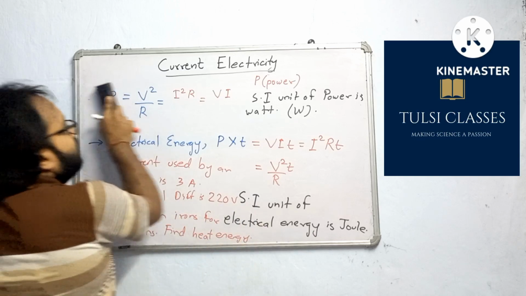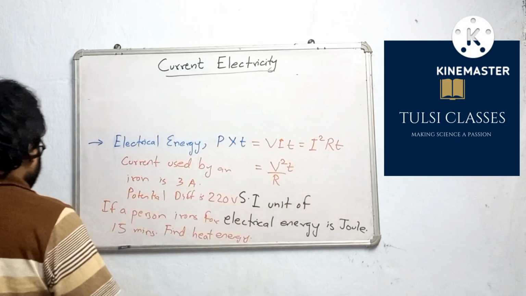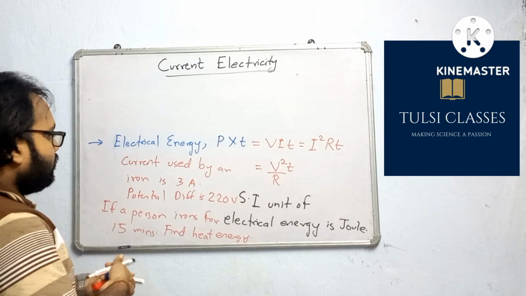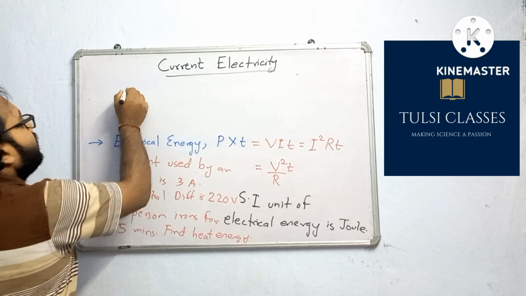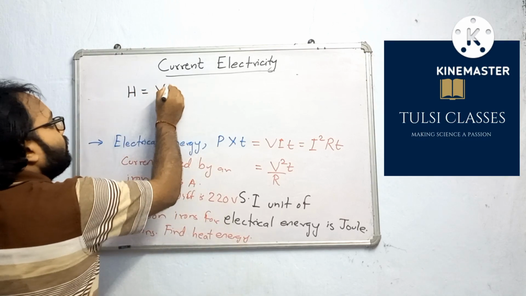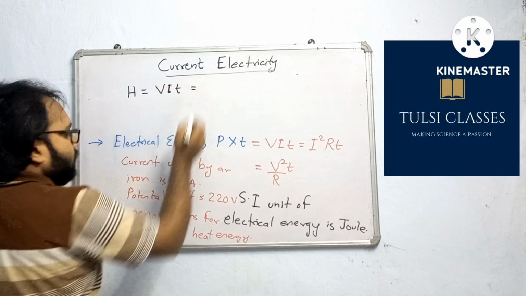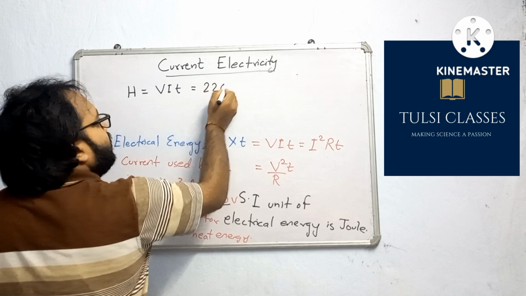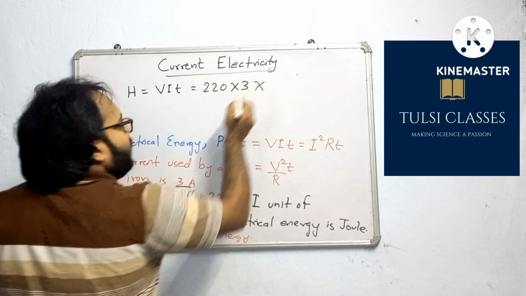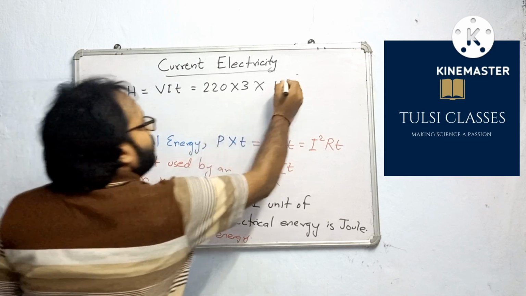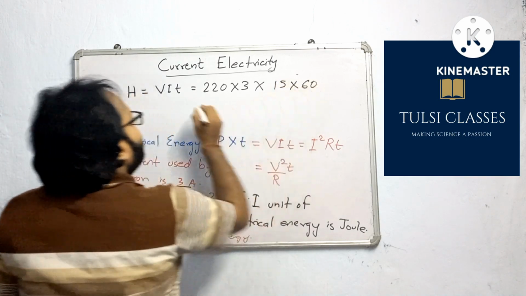This type of question may come, that's why I have told you. Heat energy, that is electrical energy, is equal to VIT. Here I is 3, V is 220, and time is 15 minutes, so 15 multiplied by 60 in seconds.